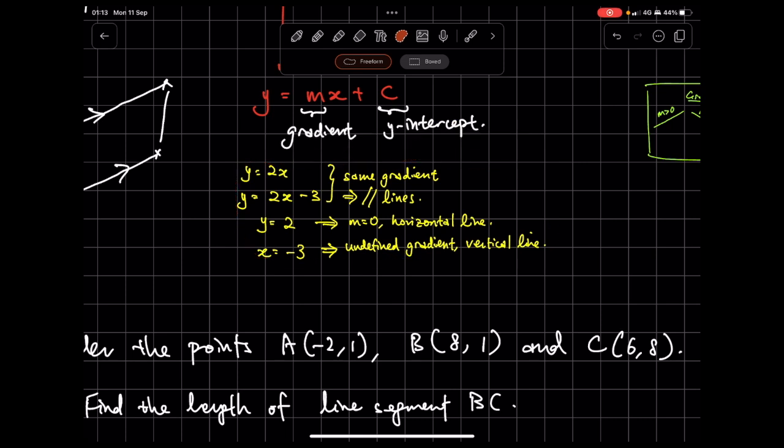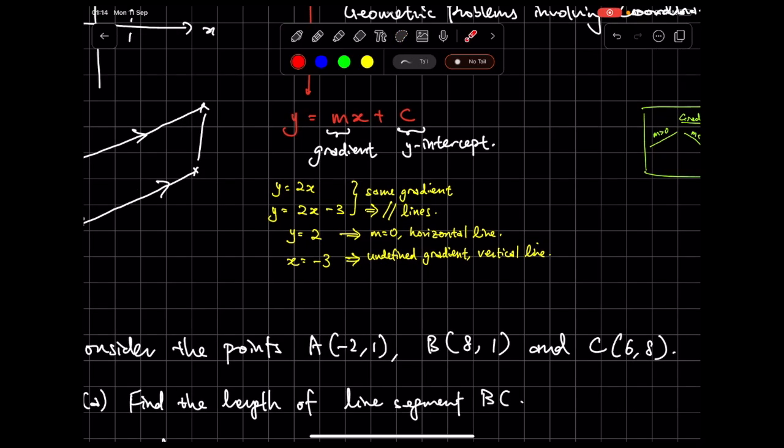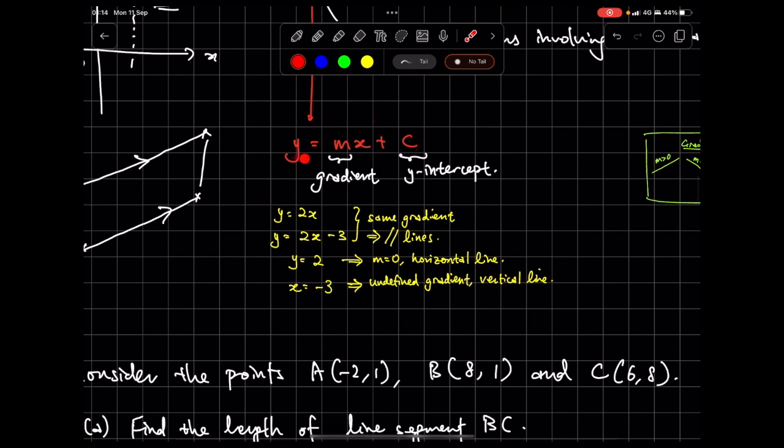Of course, if you see questions, sometimes they might ask you to apply your knowledge a bit more creatively. But this is pretty much what you need to know to interpret the equation of a straight line. Basically it's just this kind of equation, y equals mx plus c. What can you tell from this equation? You can tell the gradient and the y-intercept.